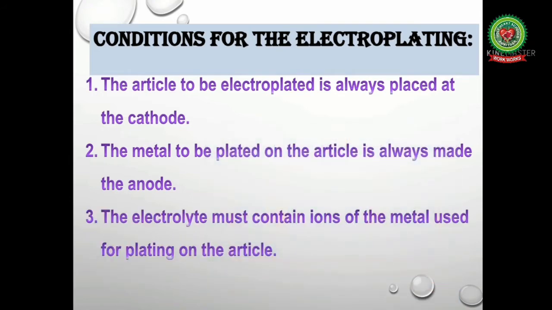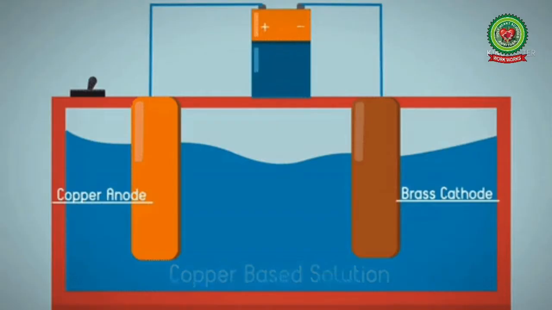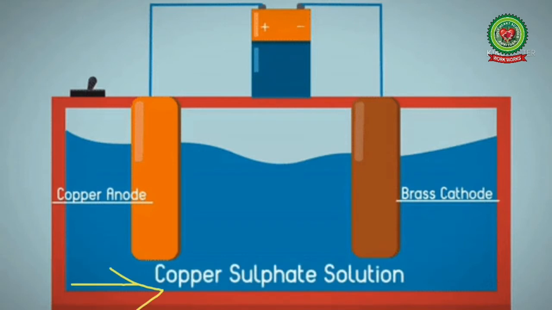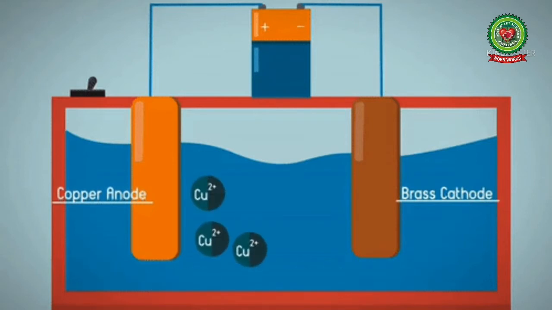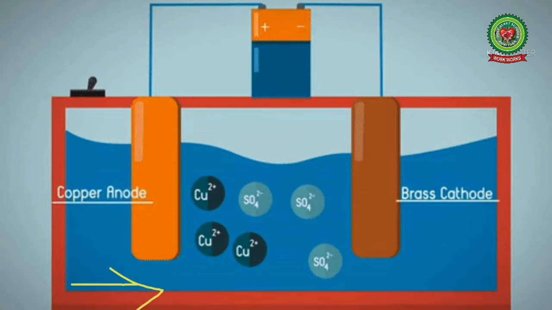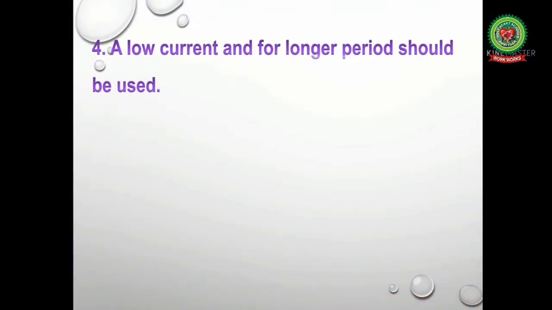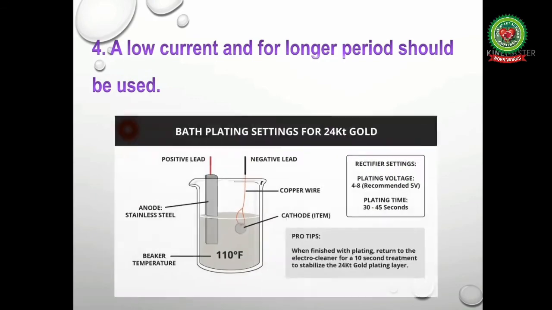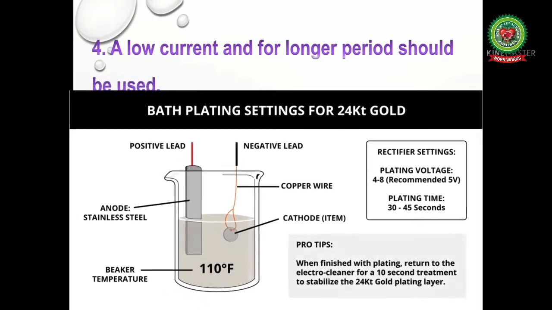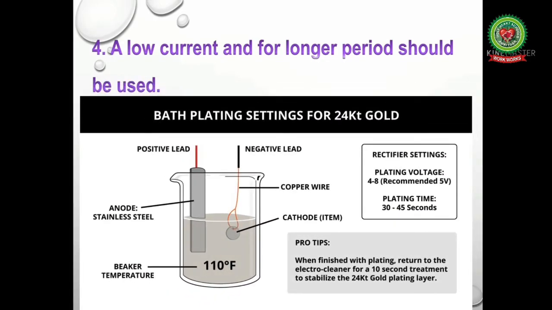The third condition, the electrolyte must contain ions of the metal which is to be plated on the article, because the electrolyte dissociates into ions of the metal which migrate towards the cathode and are deposited as neutral metallic atoms on the cathode. Fourth one, a low current and for a longer period should be used because high current causes uneven deposition of the metal.